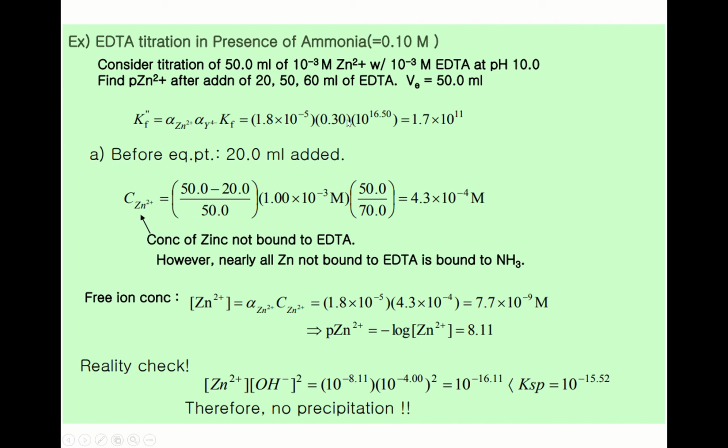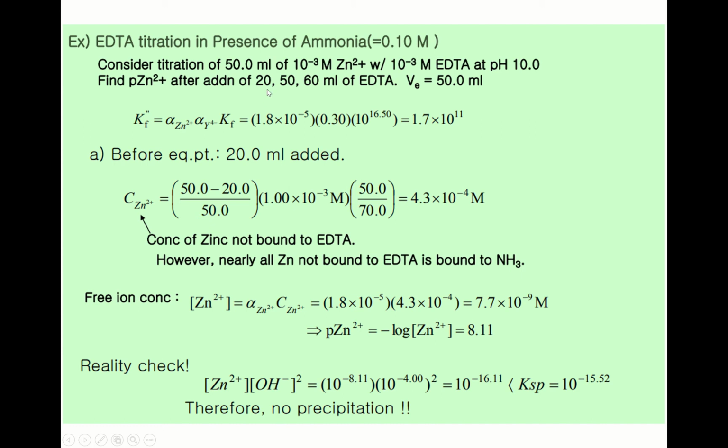Now let's consider the pZn value when 20 milliliters of EDTA is added. This is before the equivalence point. We calculate the free zinc ion concentration by the added moles of EDTA. Most zinc ions are complexed with ammonia. Anyway, the free zinc concentration is what?